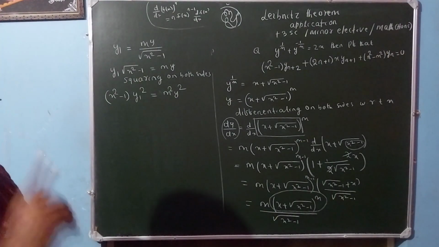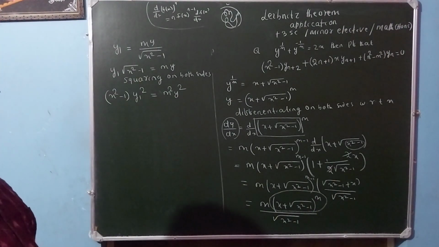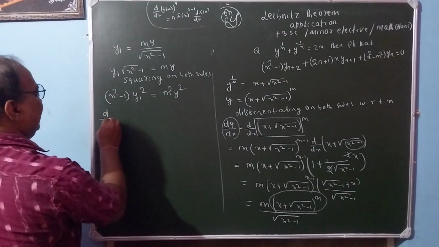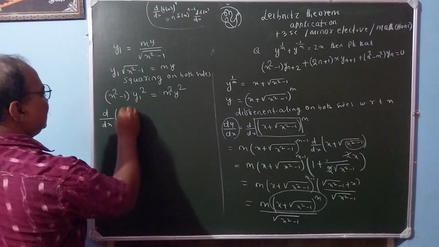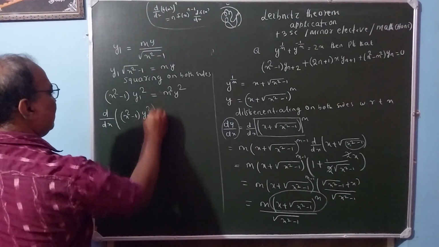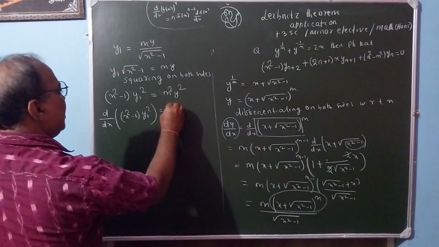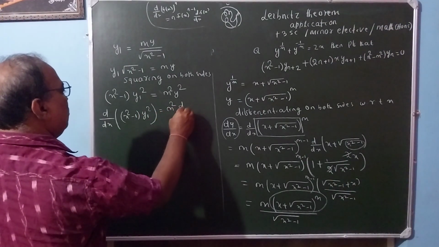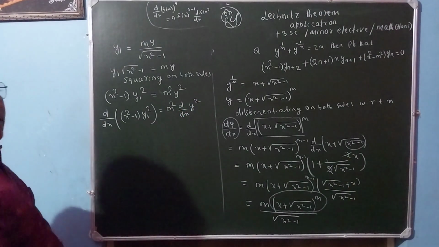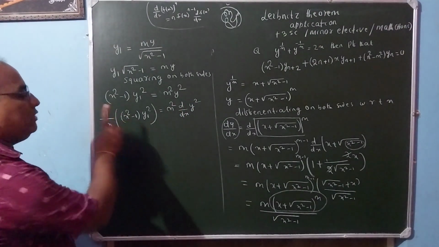Okay. Now differentiating on both sides with respect to x. d by dx of x square minus 1 y1 square is equal to m square, which is a constant and comes outside, d by dx of y square.